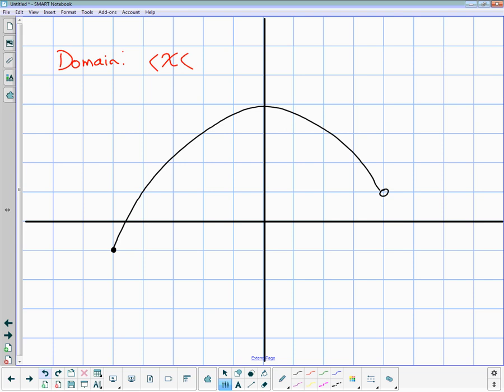So the smallest X value, the one farthest on the left, what's that? The smallest X value. See? It's right here. So should I have a bar under this one or not? Why? It's filled in. What about my maximum X value?